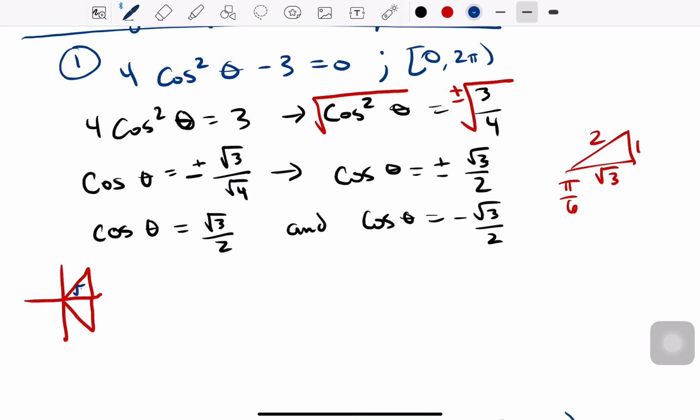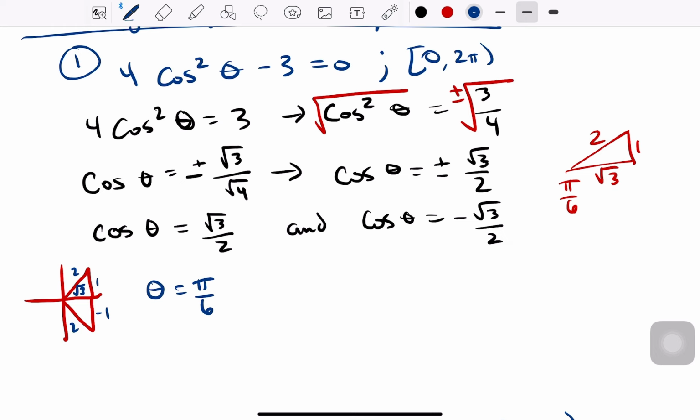So if we do the math, this is radical 3, this is 1, this is 2, and the same thing goes for the bottom, except our y changes, and it's 1 and negative 1, but we don't care because cosine is still positive here. So the question is, what angle gives us this first triangle here, right? If you already paid attention, our first theta should be pi over 6, right?